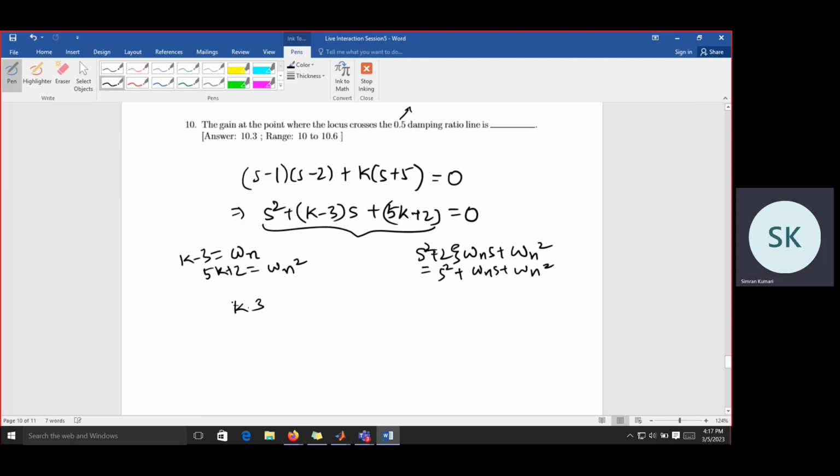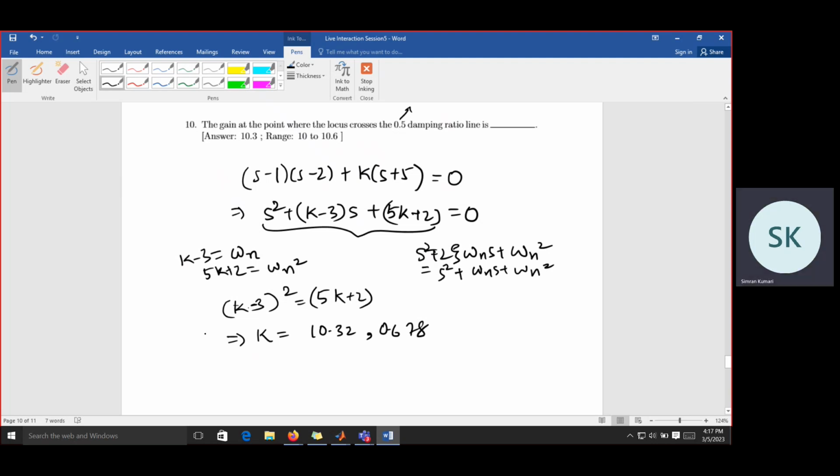If we equate this to 5k plus 2, from there we'll get the values 10.32 and 0.678.